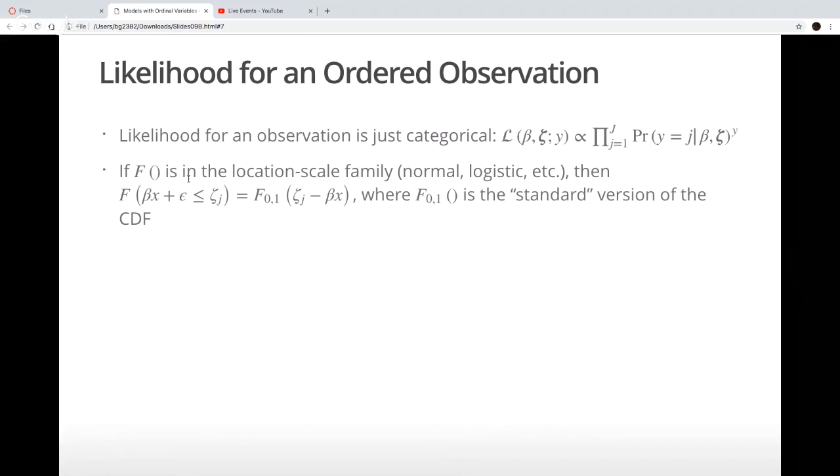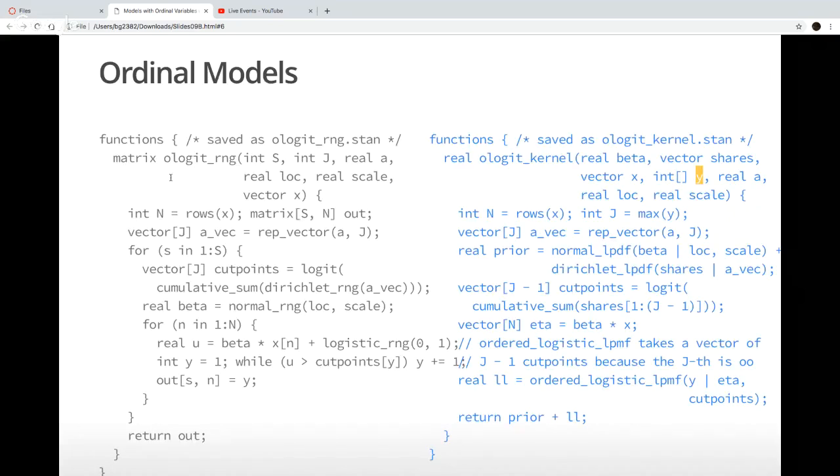Like with Bernoulli models and binomial models, if the CDF you're using is in the location-scale family, then you can basically use any of those.